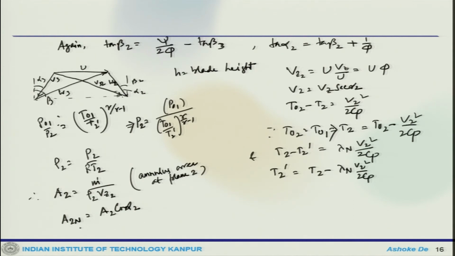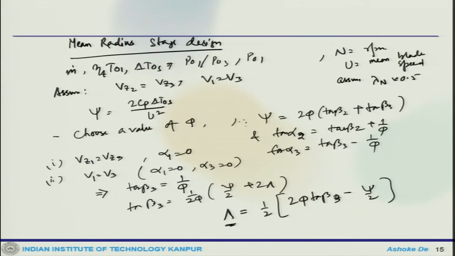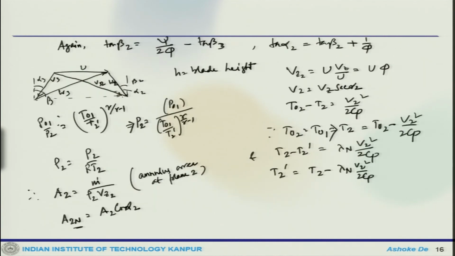Because it is not a repeating stage, we are assuming that V1 is axial, and this together with the other assumption that we have made here. So, at 1, Vz1 is V1, which is V3.